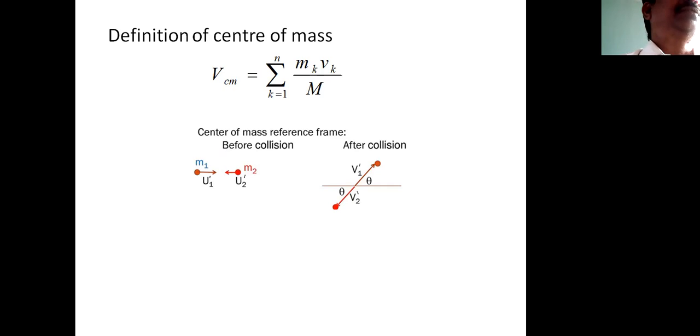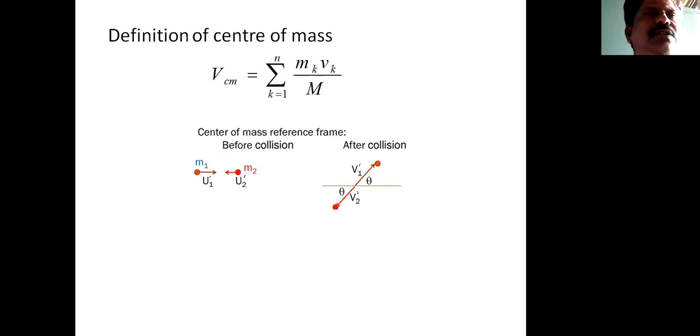So the definition of center of mass. Whenever a system consists of n number of particles, in such a case it is difficult to specify the velocity of individual particles. So in this case we consider a point in the system, and that point we call the center of mass.